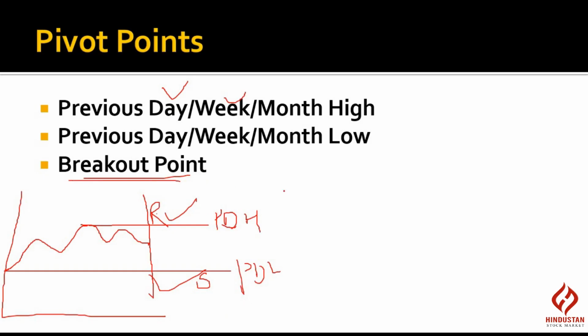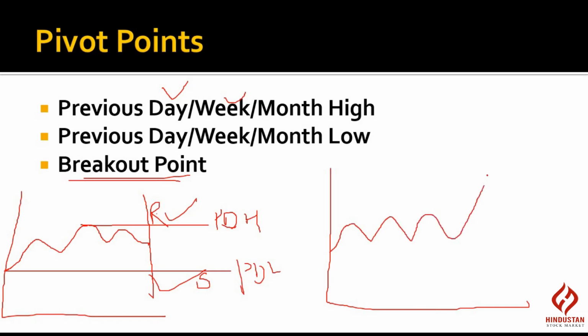And the next thing is the breakout point. See, the market opens somewhere around here, and it stays sideways for some time. Next time it breaks that resistance and keeps going up like this, right? So this was the resistance, and the price is moving in this range only.